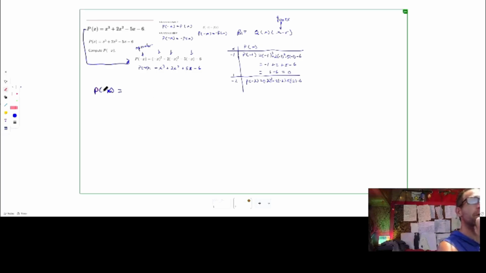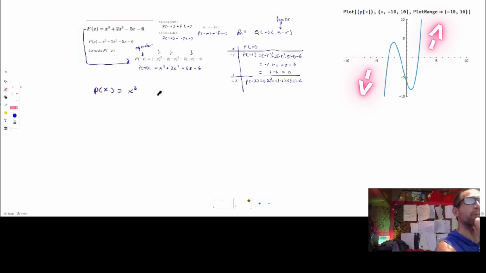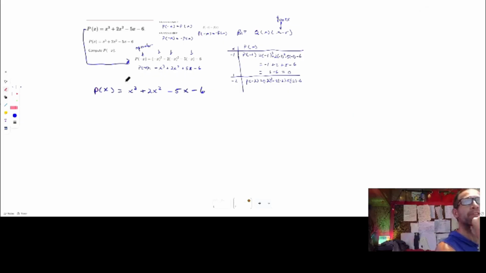Now our original function, to go back to what we were doing, when you learn calculus, this does help, but it's a little more convenient. So you've got x cubed for your original, and we're going to compare the signs of each coefficient. So you've got x cubed, 2x squared, negative 5x, and minus 6. We have a sign change here.